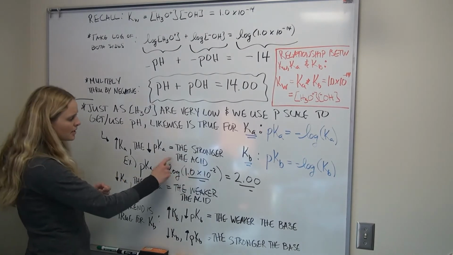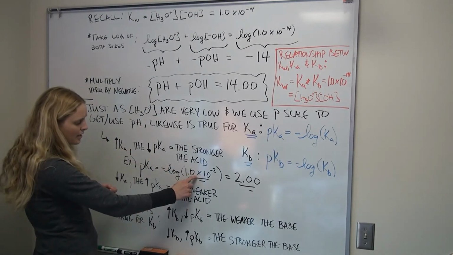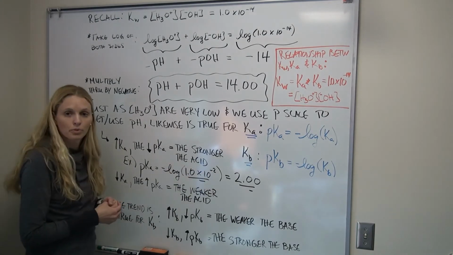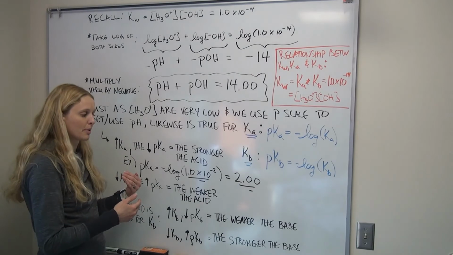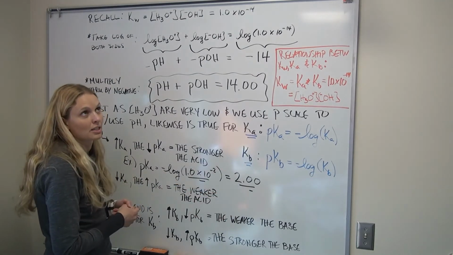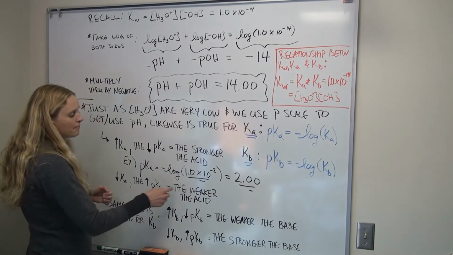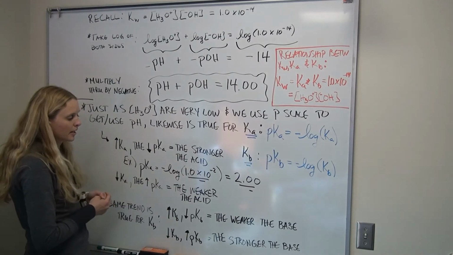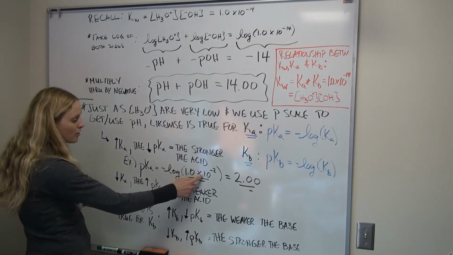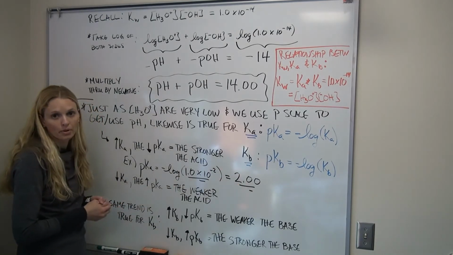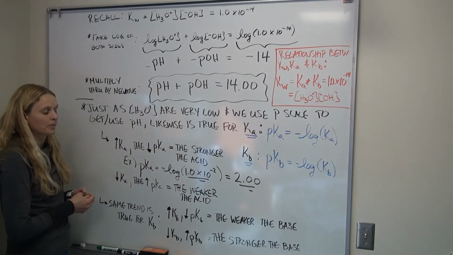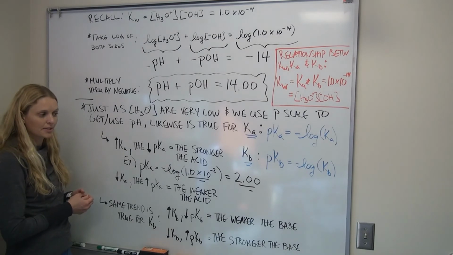Okay, so here we can see that if the Ka is 1 times 10 to the minus 2, this is a pretty high concentration on the Kw scale, which goes anywhere from 1 times 10 to the minus 2 to 1 times 10 to the minus 14th. This is on the higher end of the scale, and so a higher Ka, when I calculate that, gives me a low pH number, and that means that the acid is pretty acidic.